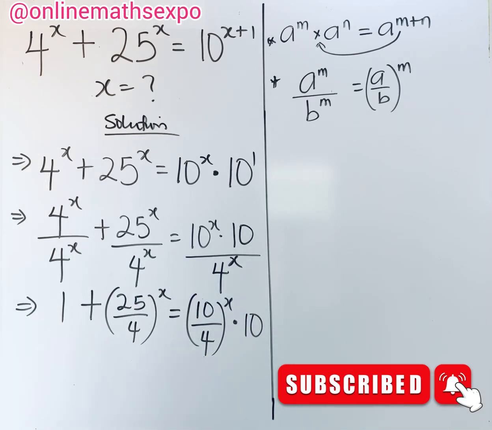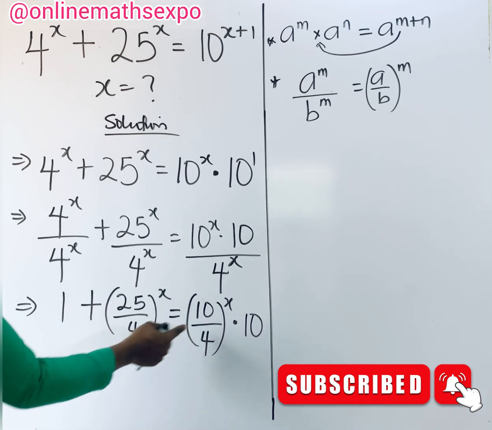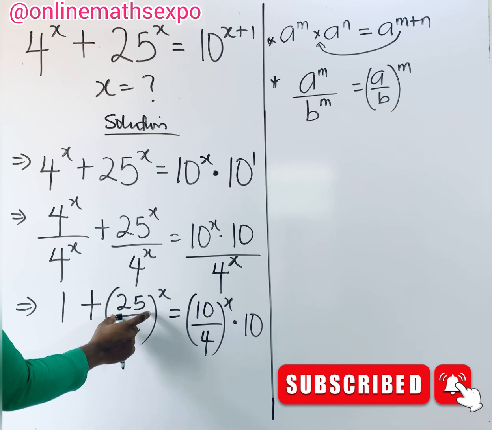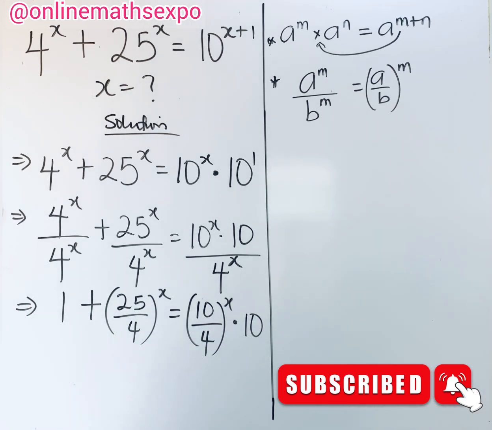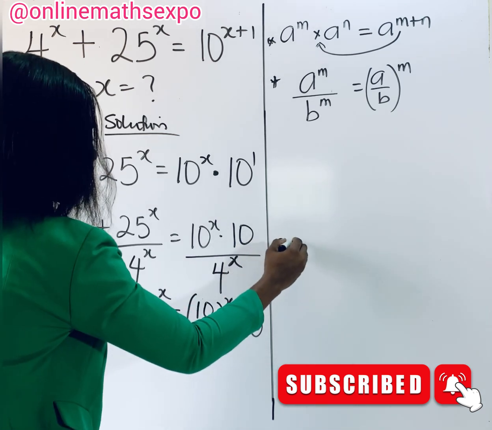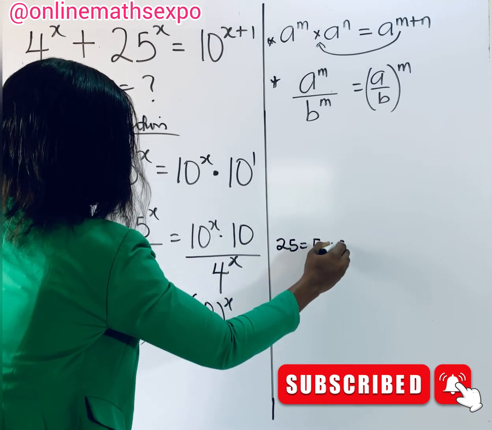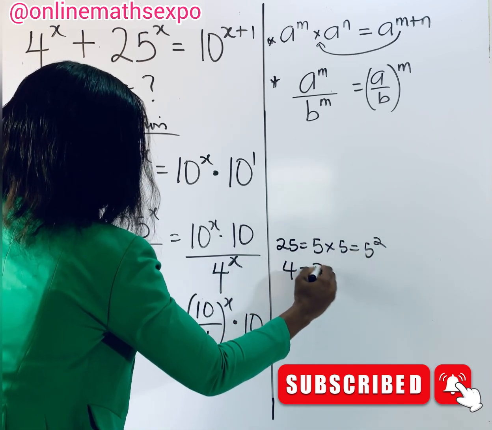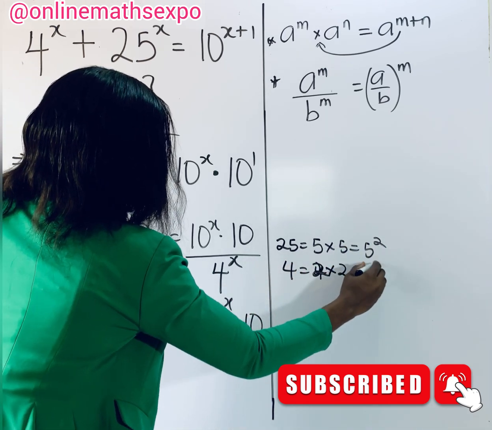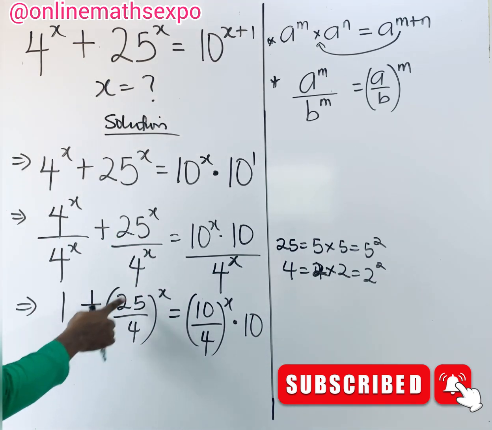Now, what do we do next? You observe carefully that we can simplify these values inside the brackets. Now for this, what do you do? Observe that 25 and 4 are perfect squares. In that case, 25 is the same as 5 times 5, which is 5 squared. Now 4 is 2 times 2, which is 2 squared. So we can simplify this.